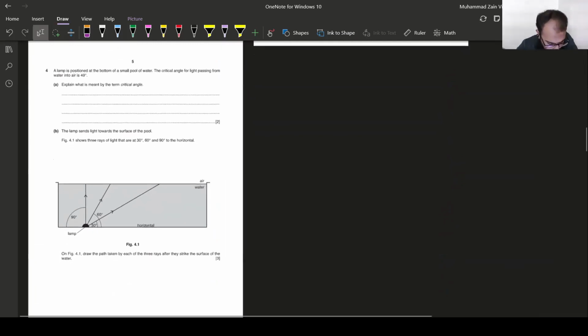The next part: a lamp is positioned at the bottom of a small pool of water. The critical angle for light passing from water into air is 49 degrees. Explain what is meant by the term critical angle.